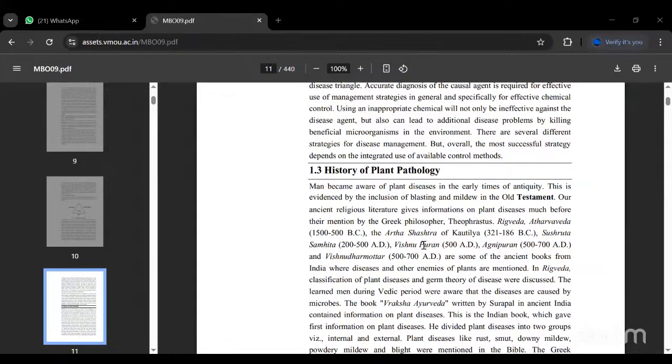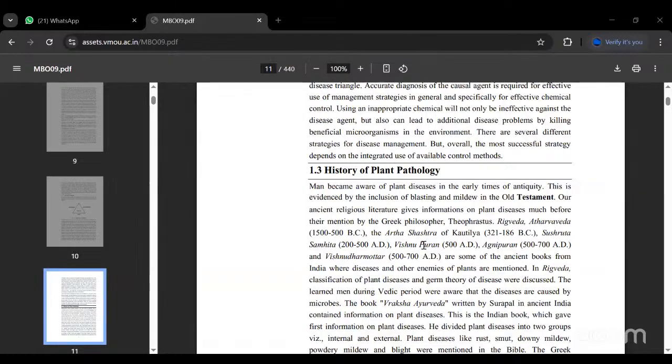Ancient religious literature gives importance to plant diseases. The Arthashastra of Kautilya, 321 to 186 BC, Suhasra Samhita, Vishnu Purana, Agni Purana, and Vishnu Dharmottara are all ancient books from India where diseases and other enemies of plants are mentioned.